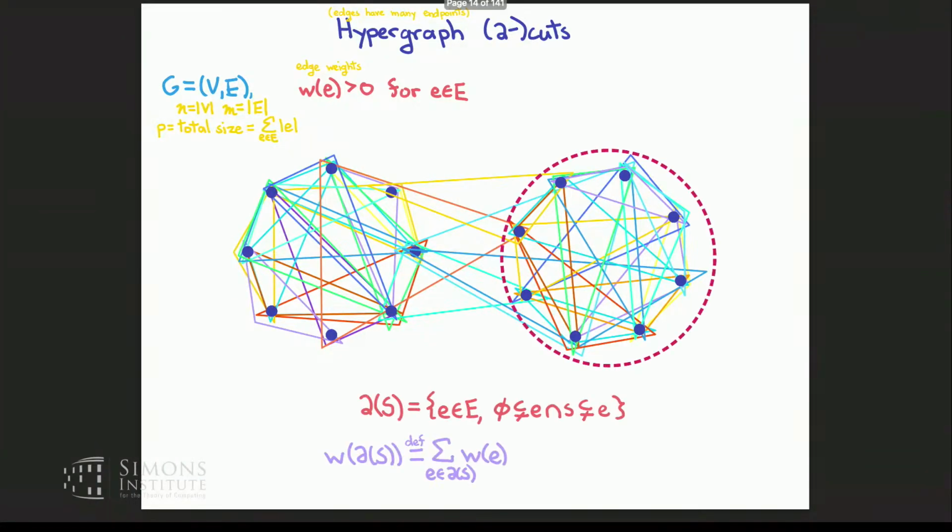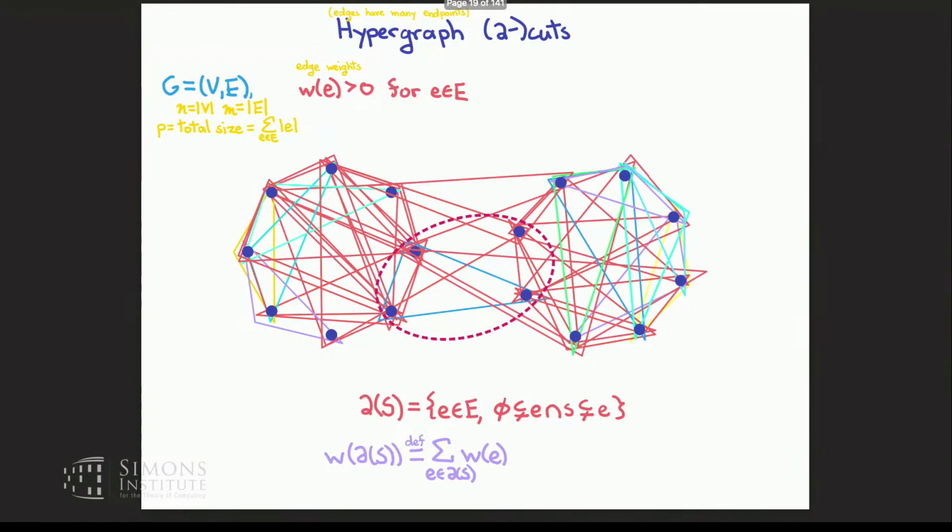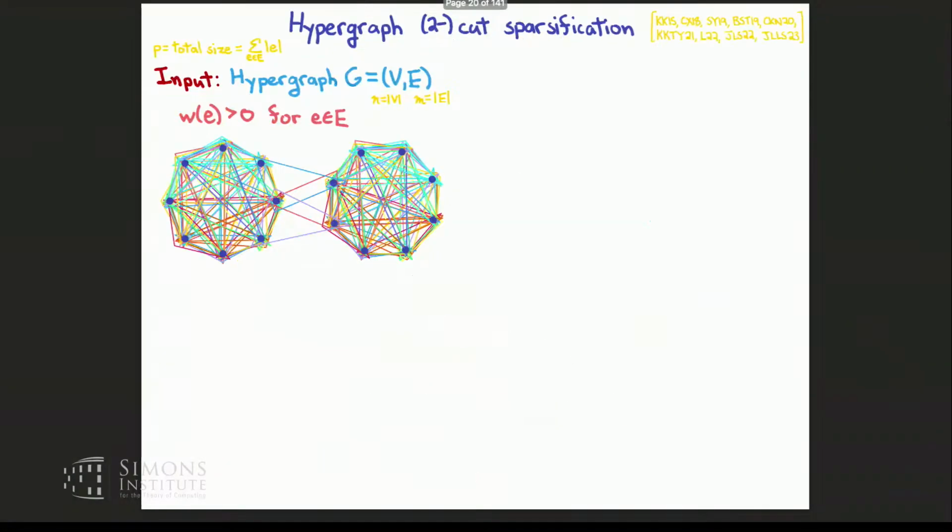But otherwise, the definition is the same. I take a set of vertices on one side, and I'm looking at the edges that go across the cut. Edges inside one side, that doesn't count. Here's another example of a cut of some kind of hypergraph.